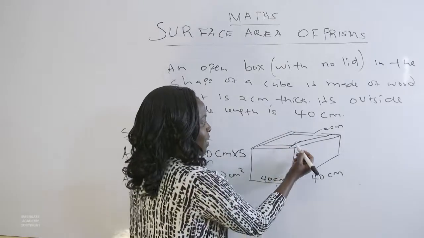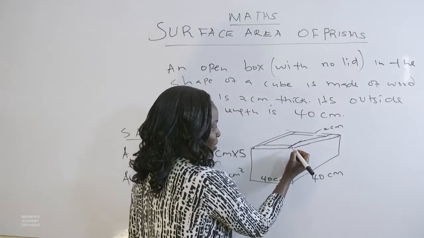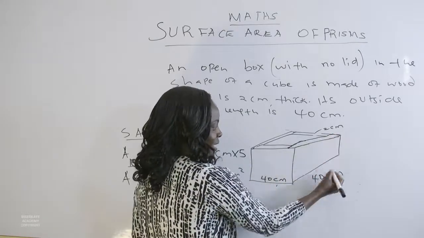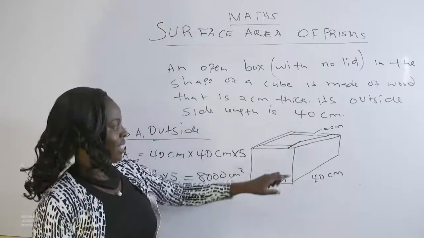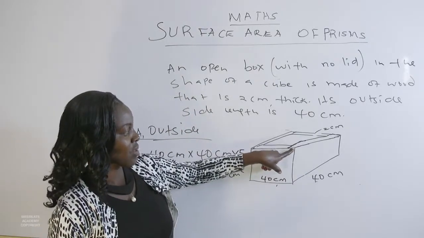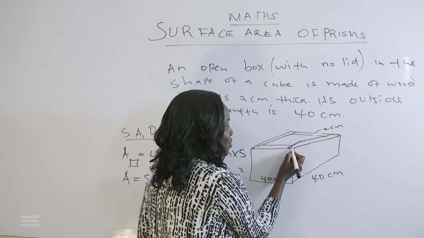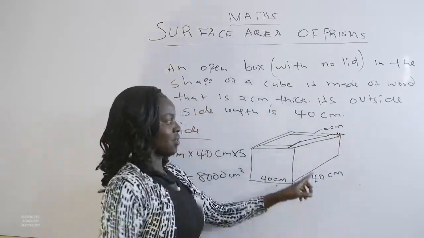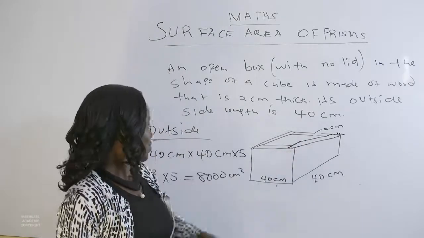Now we are joining from here to here, so that they come from this end to this end. And we are told from this end to this end, that will be 40. So you realize we have rectangles measuring 40 by 2. This is 2 centimeters.